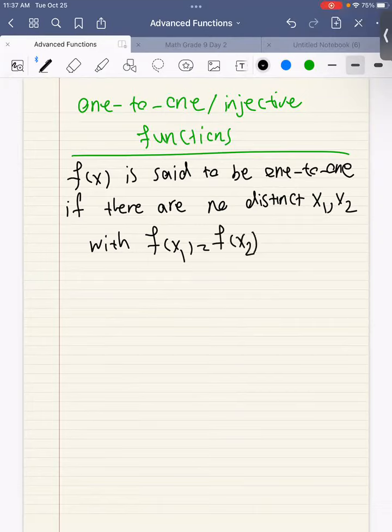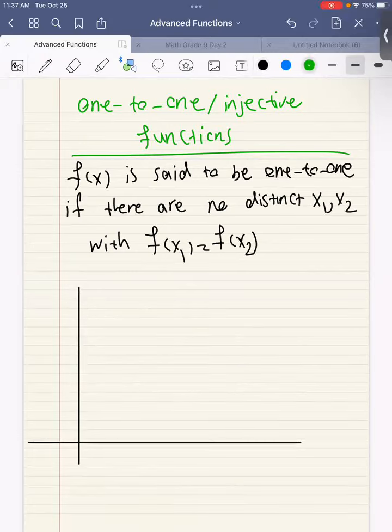So you cannot have two different x with equal y values. So if this happens, it's not one-to-one. Okay, so for example, if you have x squared plus 1 or x squared or anything like this, this is obviously not one-to-one, right?